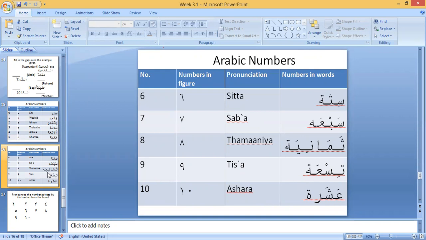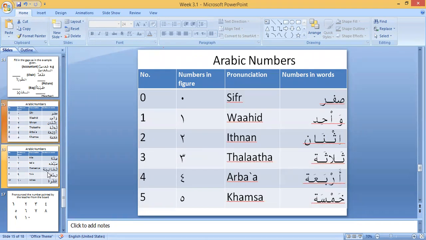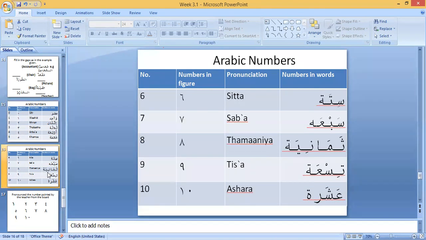That's right. Sitti. 0 1 2 3 4 5 6 7 8 9 10. That's right. So it is ستة سبعة.